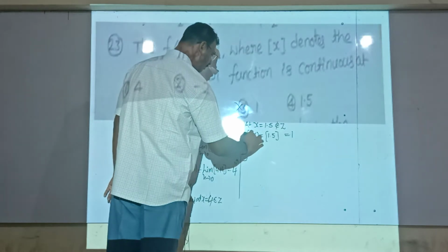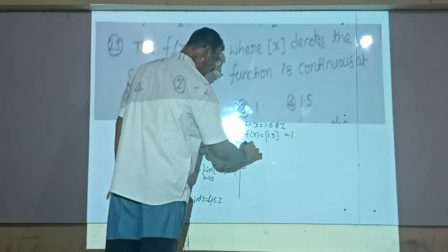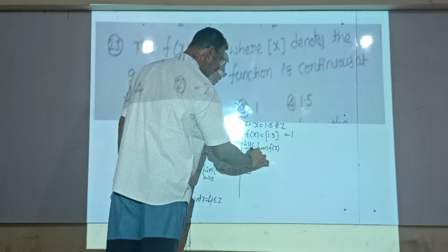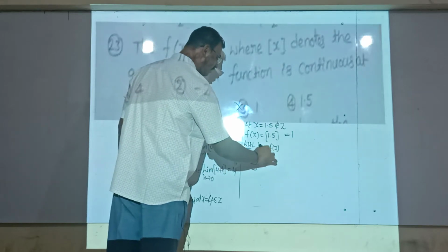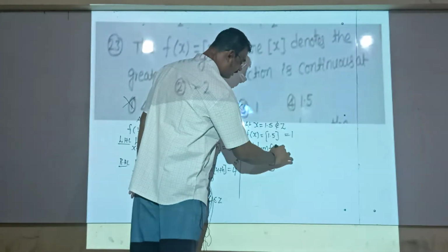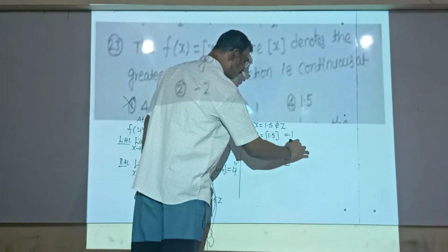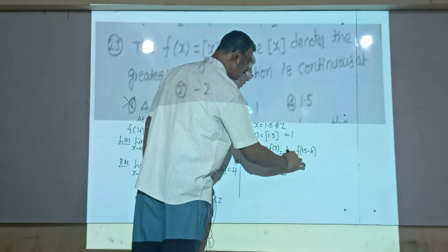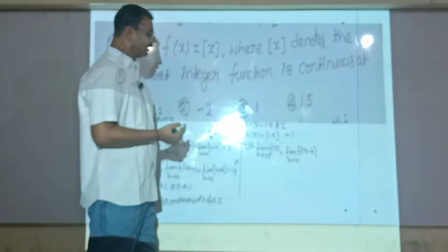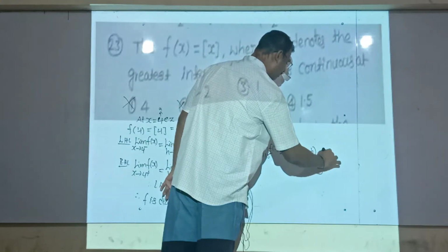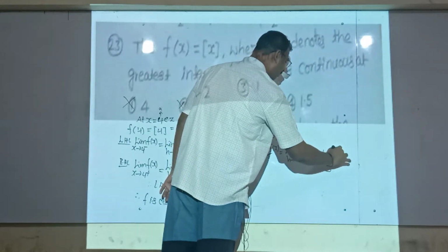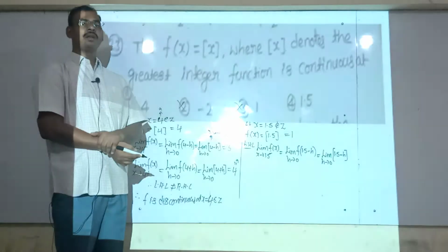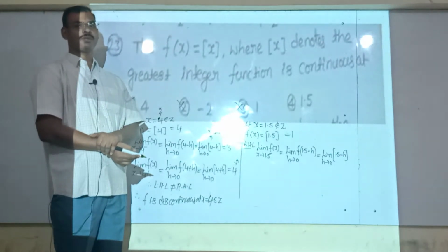In the same manner, I have to find the left hand limit. The limit of f of x as x approaches 1.5 minus equals the limit of f of 1.5 minus h as h tends to 0, which equals the limit of the greatest integer of 1.5 minus h as h tends to 0. h is a very small, negligible quantity.